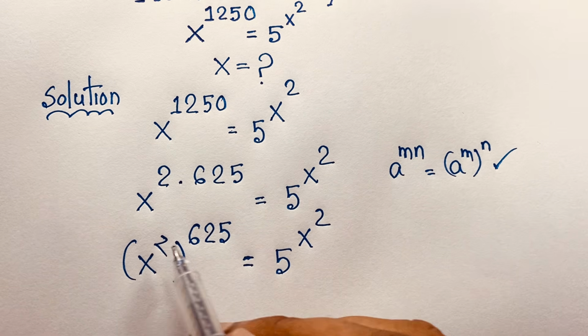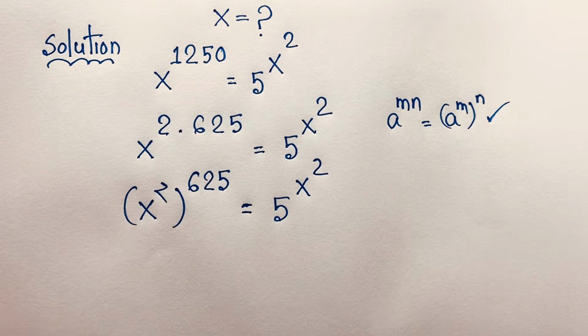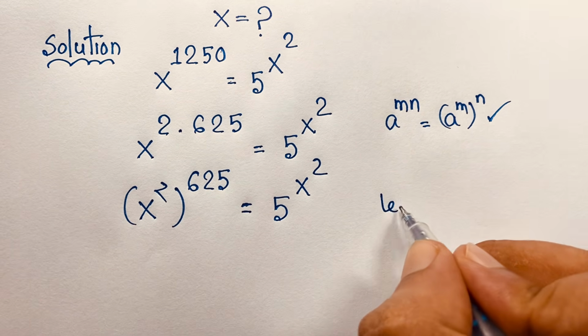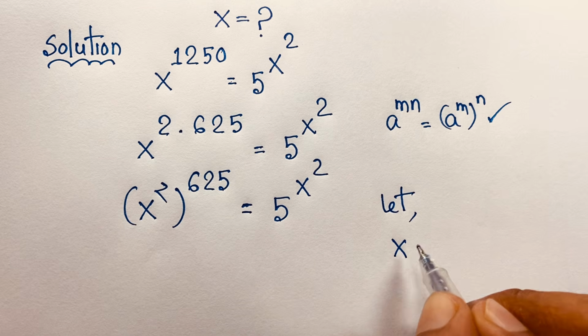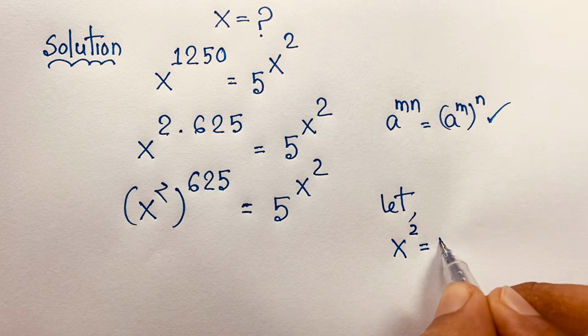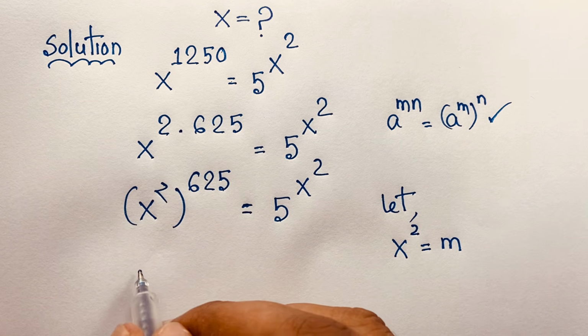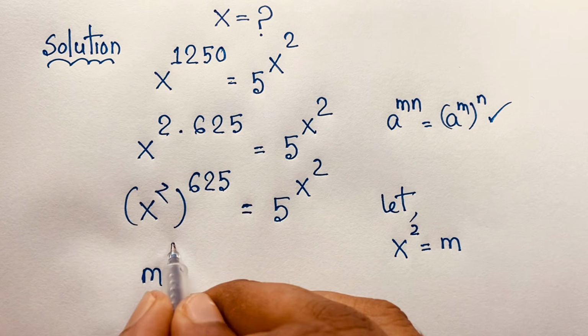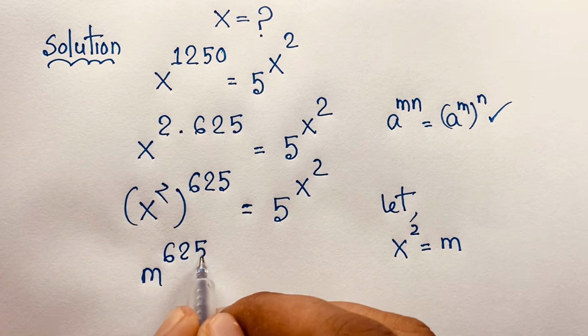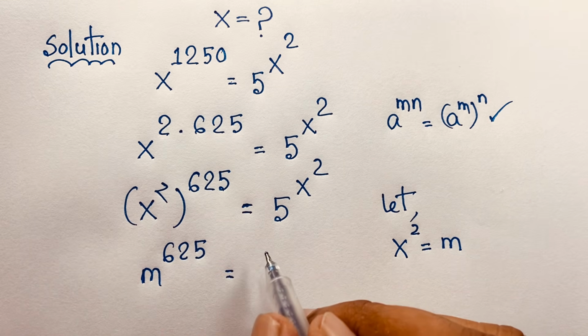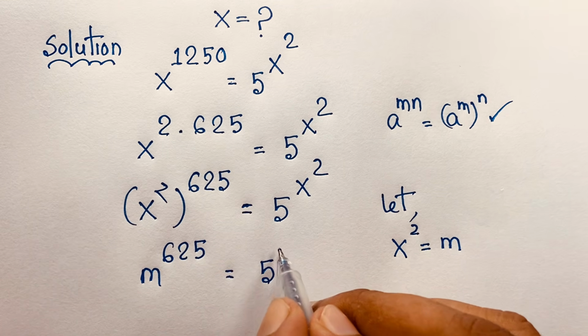Now this is x to the power 2, this is x to the power 2. So at this moment, let x to the power 2 be equal to m. Now I substitute this below here, so it will be m to the power 625 is equal to 5 to the power m.